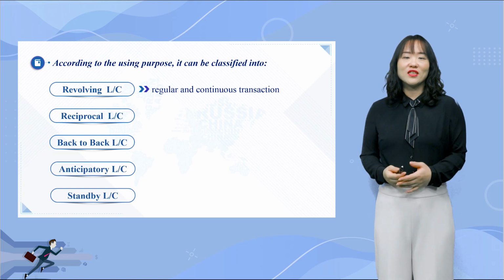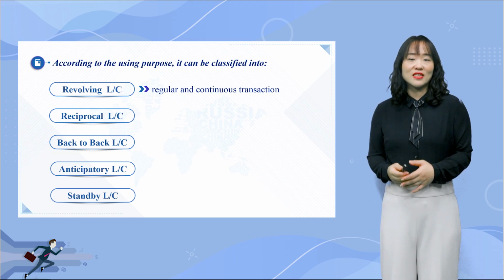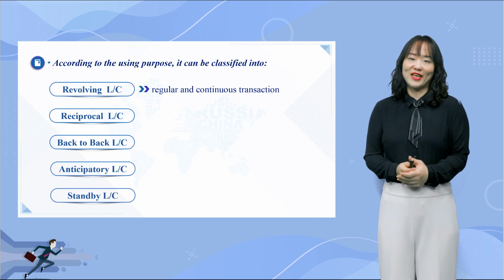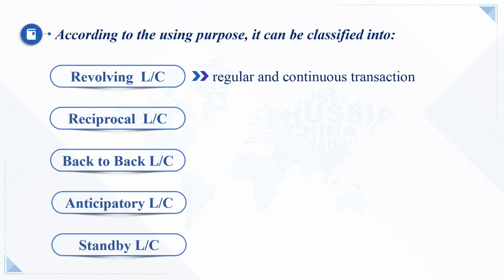It can be resorted to its full amount after the completion of each documentary exchange as stipulated. It avoids the need for repetitive arrangement to open a new letter of credit for every transaction, saving a lot of time and energy of all three parties, that is, bank, importer, as well as exporter.